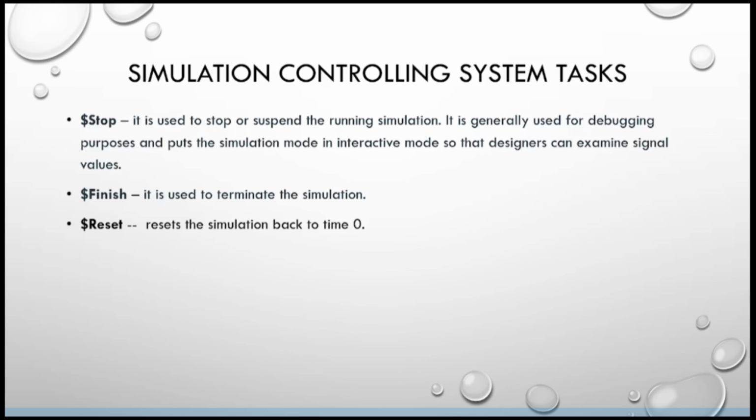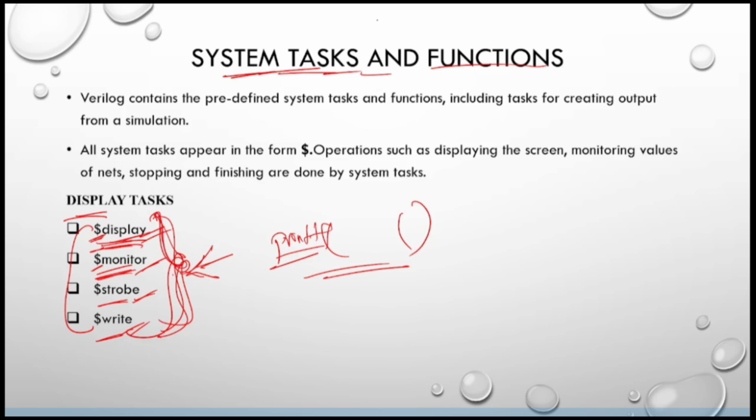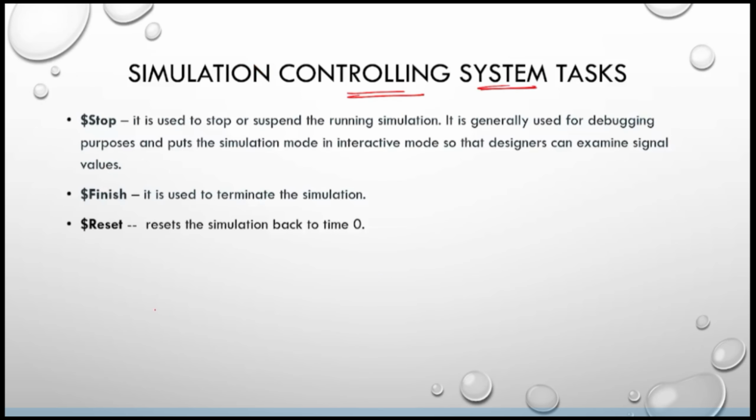Clear? Along with this, you have some system controlling tasks. These are basic system tasks in order to display things. And when you want to control the simulation, you will use tasks like $stop, $finish, $reset. $finish means terminate the simulation. $stop means suspend the simulation.